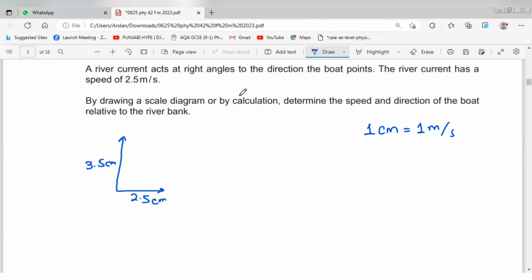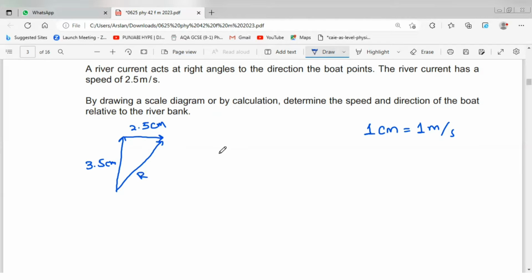You will use the head to tail rule. So we will draw this line from the head of the first vector. It's approximately 2.5 centimeter. So join these lines by a new vector, which is the resultant vector.